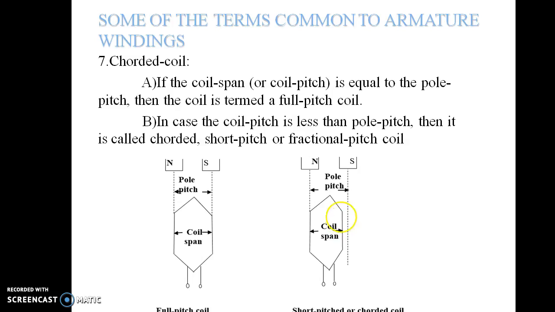See everyone, here is the pole pitch, the distance between two different poles, but instead of this slot, we have taken other slots in between these two poles. Okay, for the same output, for the same operation, a corded coil can be used, a short pitched coil can be used, and this is called short pitched coil or fractional pitched coil. And what is the necessity? We will see it further.